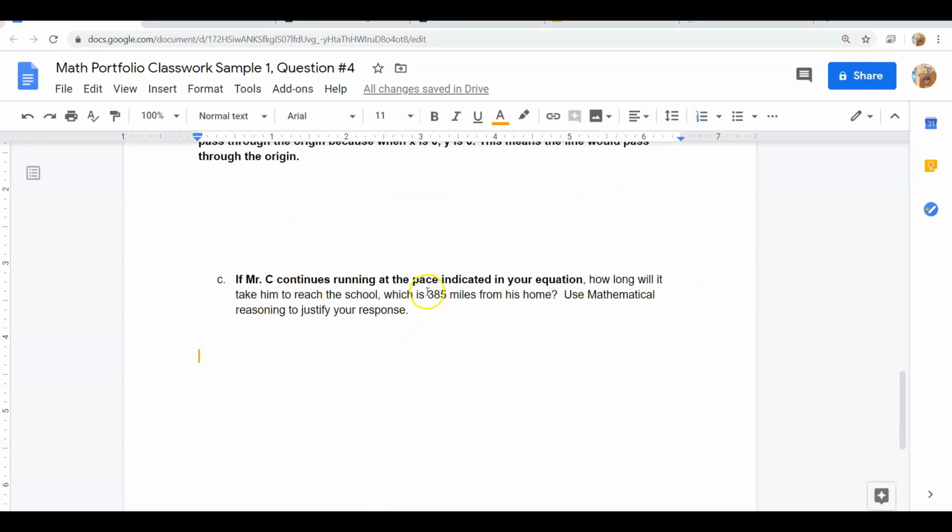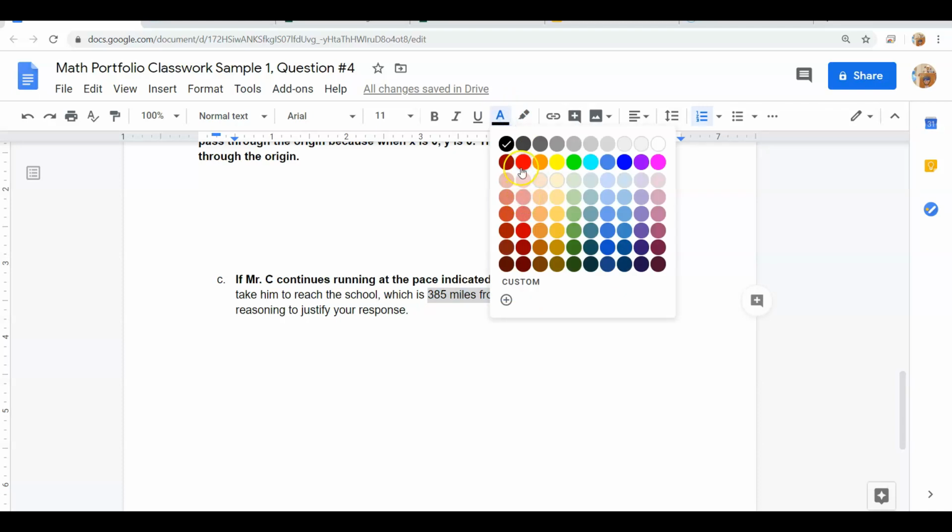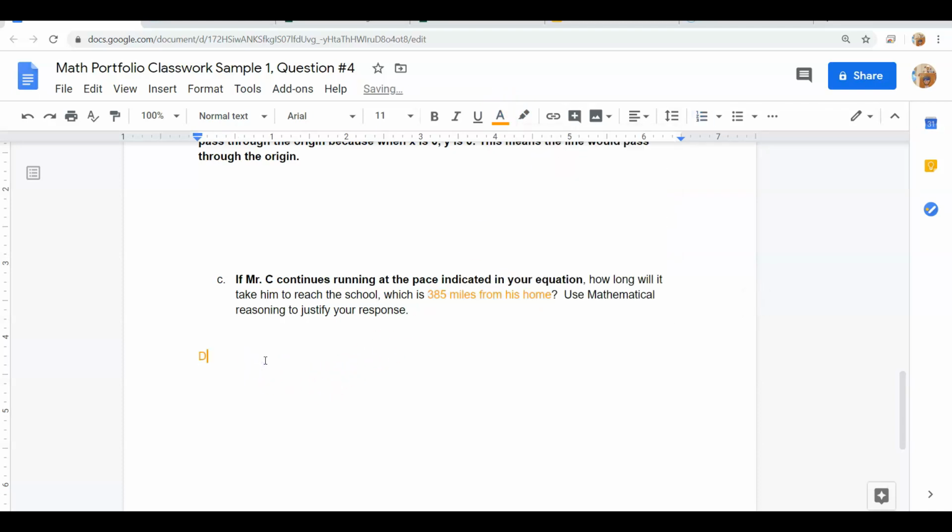So this is easy. You see that's 385 miles from his home, right? That's the distance. Let's make that orange. So distance. And we'll notice that Mr. C continues running at the pace. The pace is 7 miles per 1 minute. That's the time, right? So we want to figure out at this pace how long it's going to take him to go this distance.